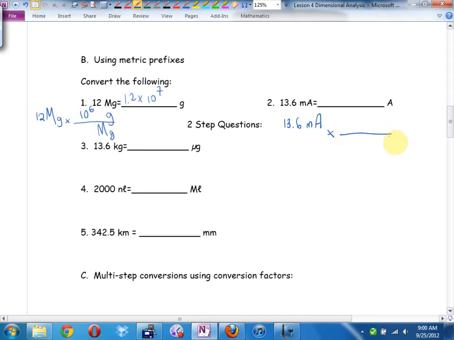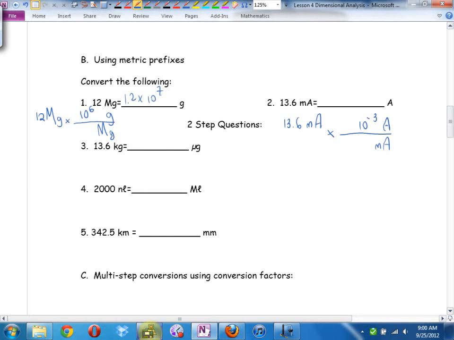What units do I have on the top right now in the original question? So I want to get rid of those. Where am I going to put it to get rid of it? Because it's originally on the top, on the bottom. And that'll let me go to amps. What's the conversion factor for milli? 10. And that always goes next to the base unit, the one that doesn't have a prefix, so the one without the M or the C or the P or the whatever.